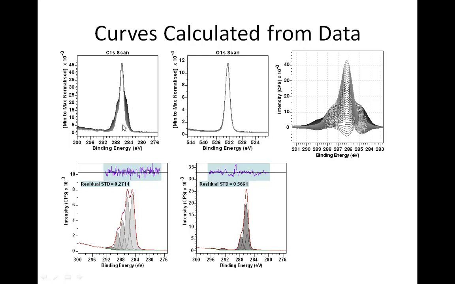The data are sequentially measured so that we have 101 measurement cycles of carbon and oxygen. And within these measurement cycles, at least within the carbon 1s, you can see that an evolution in the data has occurred. So this gives an opportunity where a pair of spectra can be calculated from these evolving spectra.